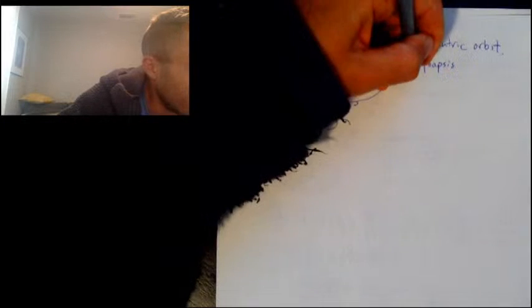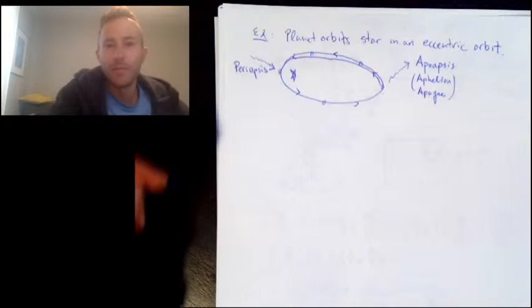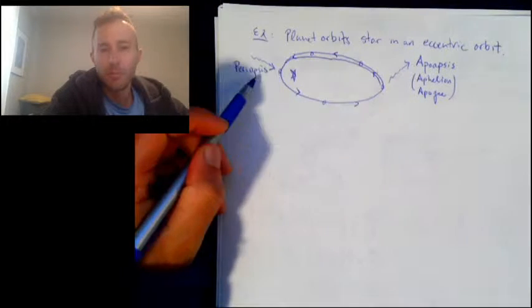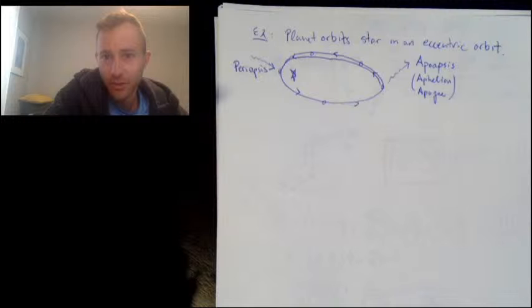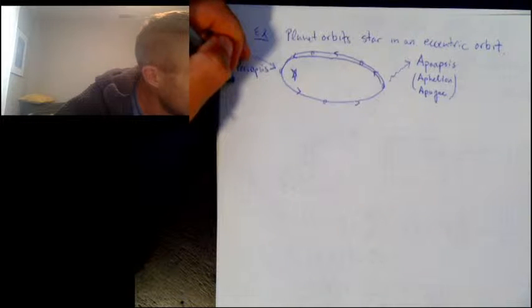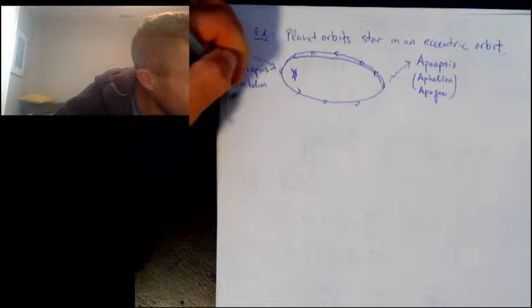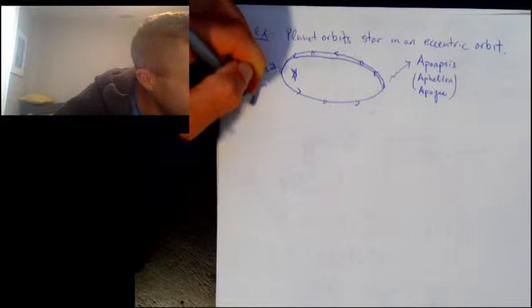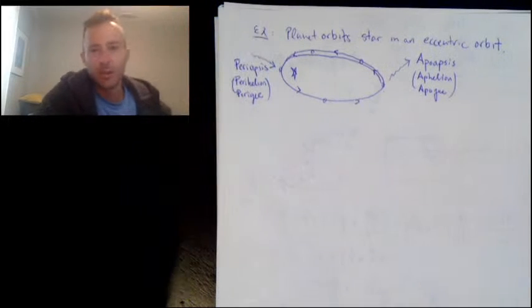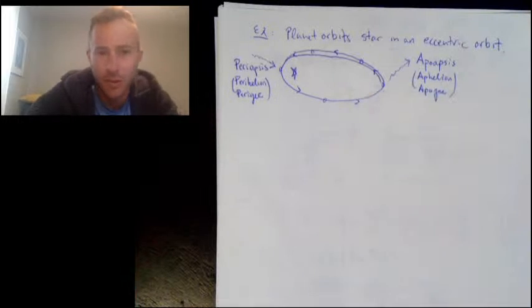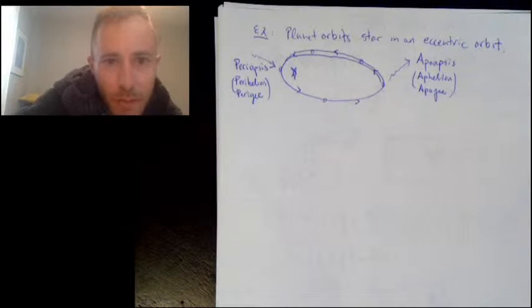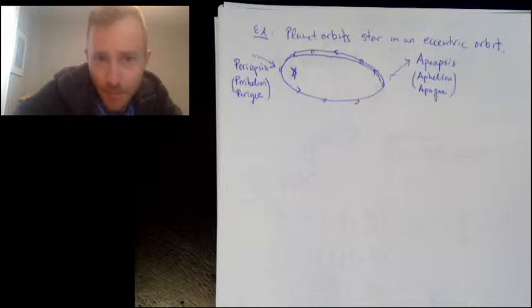So I'll write these down. Aphelion, apogee. And then the periapsis is called the perigee. So perihelion, perigee. Instead of putting apsis, they put something a little bit more descriptive. All right?